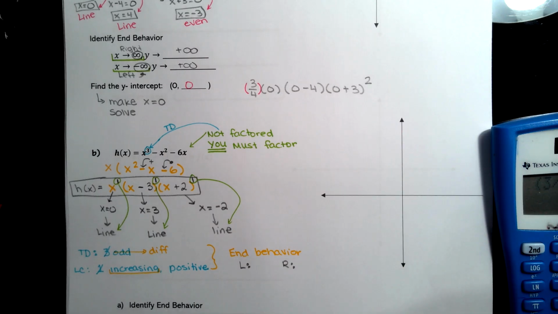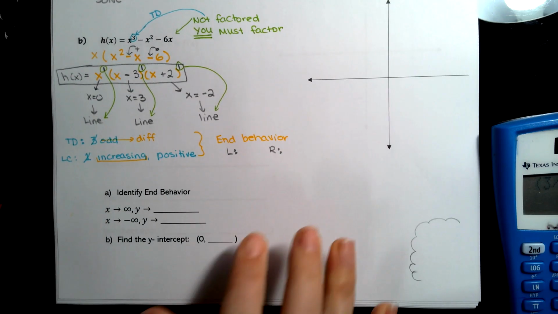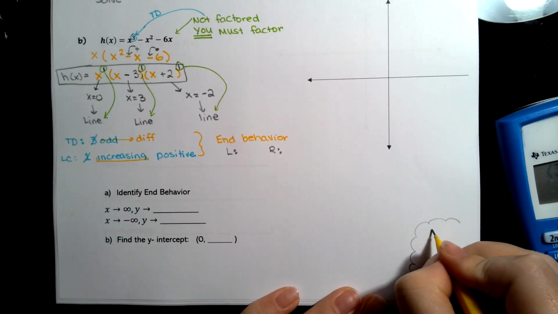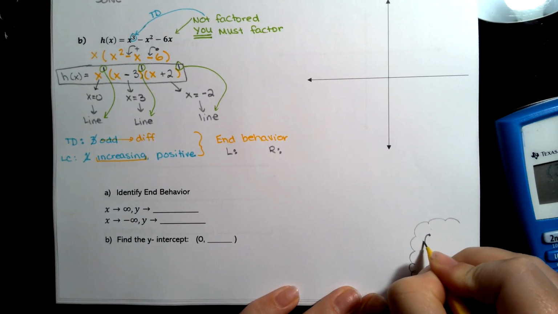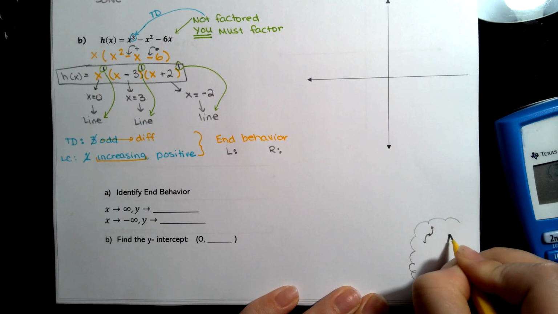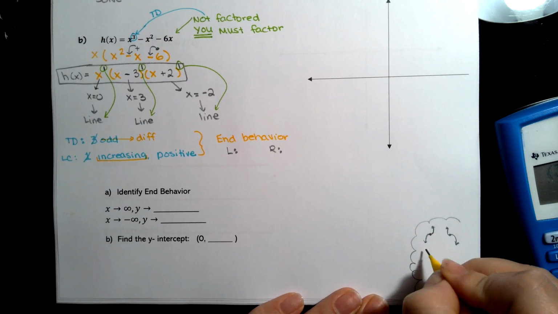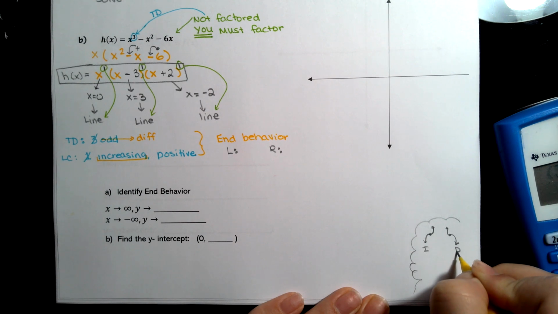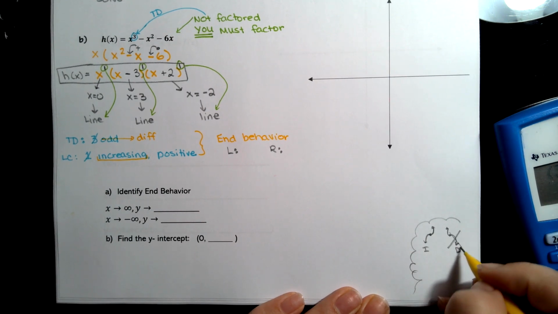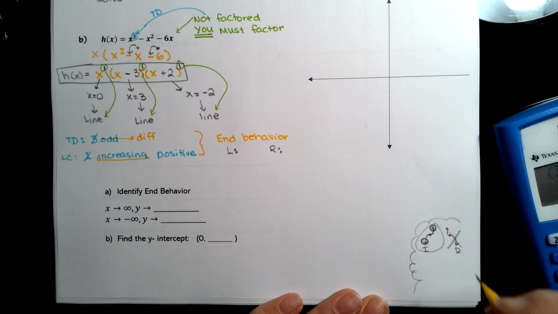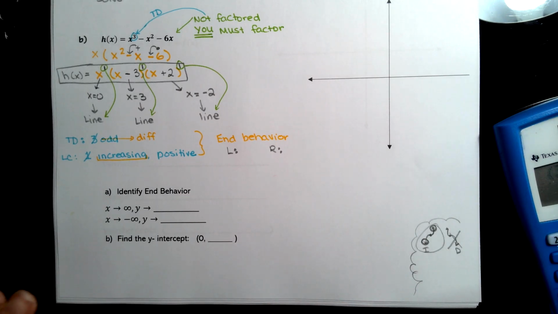A trick here, and I'm going to do this off to the side because it doesn't have anything really to do with graphing polynomials, it's just a trick. For an odd function, you can draw a quick cubic and see which one is increasing and which one is decreasing. We don't want the decreasing one, we want the increasing one. And then you see what's happening on your left-hand side and your right-hand side for your behaviors.